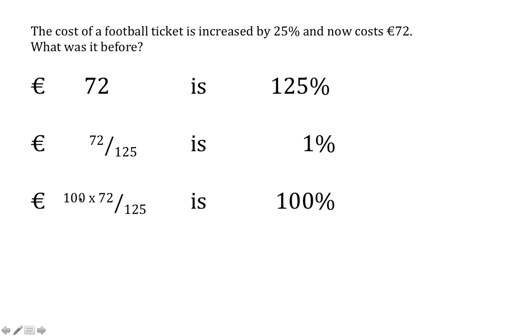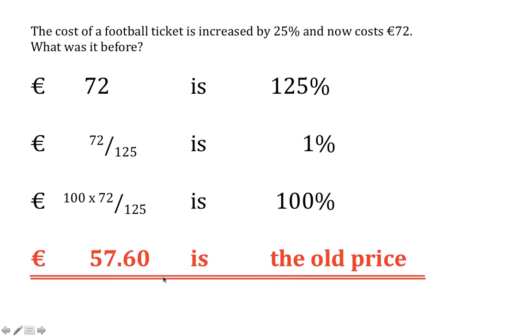So we multiply everything by 100 to find out what the original 100% was. So when you do that, you get an amount of euros that's 100 times 72 divided by 125. And that works out to be 57.60. So the old price, before it had the increase applied to it, was €57.60.